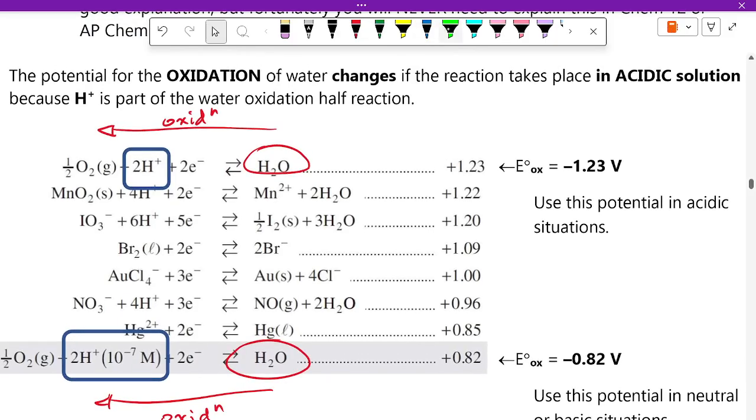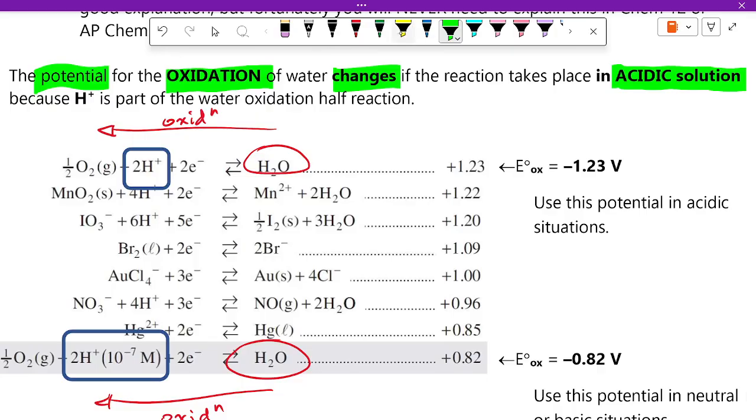However, if we have acidic solution, the oxidation potential changes because hydrogen is part of the oxidation water half reaction.